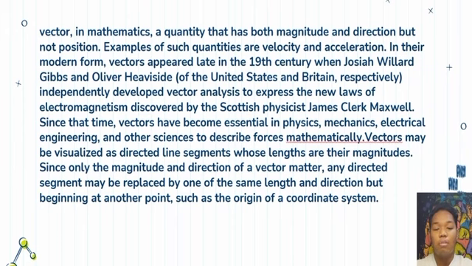In their modern form, vectors appeared late in the 19th century when Josiah Willard Gibbs and Oliver Heaviside of the United States and Britain respectively independently developed vector analysis to express the new laws of electromagnetics discovered by the Scottish physicist James Clerk Maxwell.